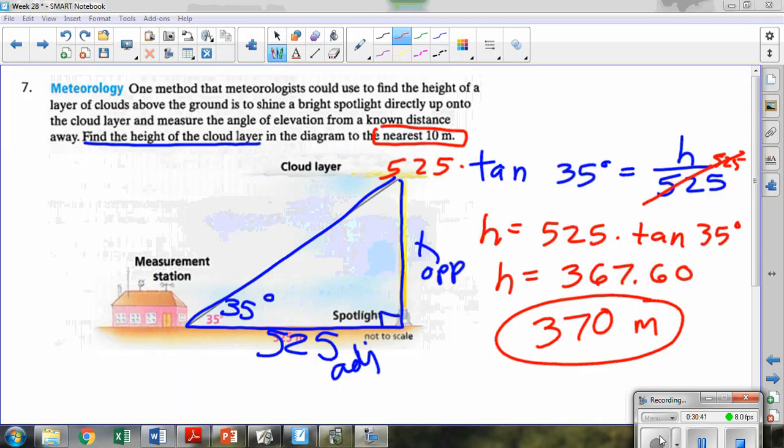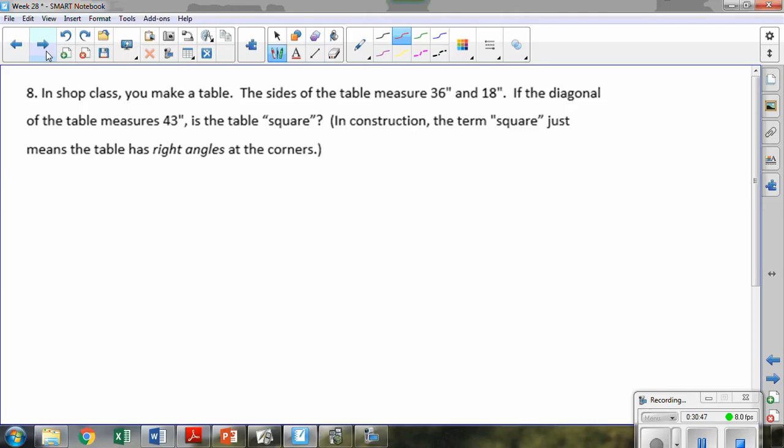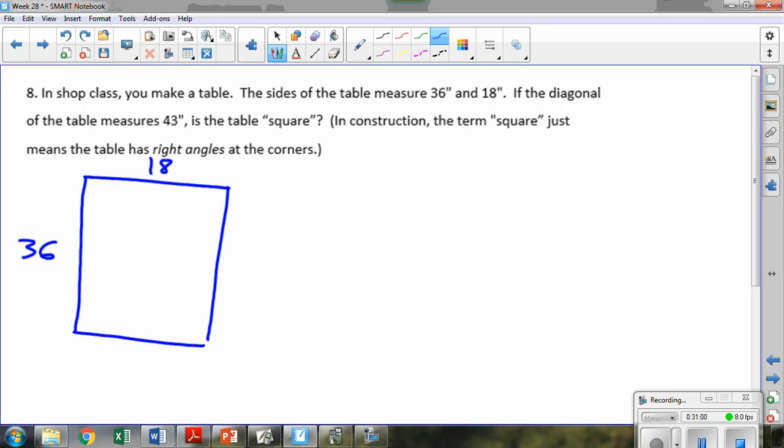Question number 8. In shop class, you make a table. Sides of the table measure 36 inches. Okay, so 36 inch, 18 inch, all right? And the diagonal of the table is 43 inches. Is the table square?